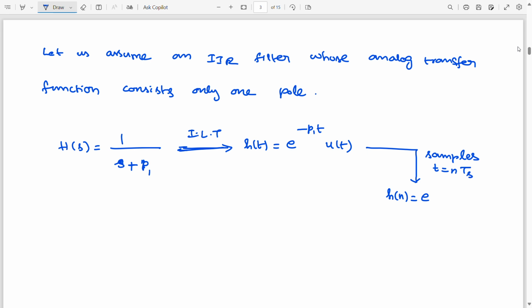So this equation will now become h of n equals e power minus p1 Ts n multiplied by u of n. And now this is the impulse response of the digital filter.